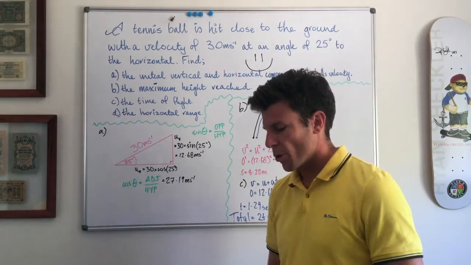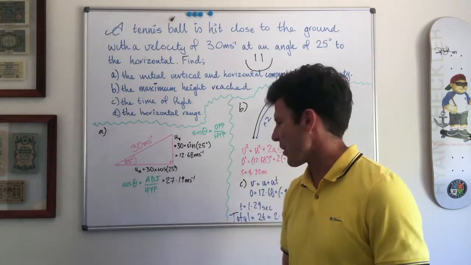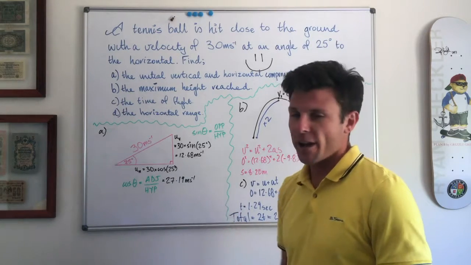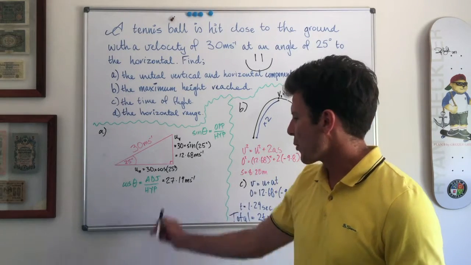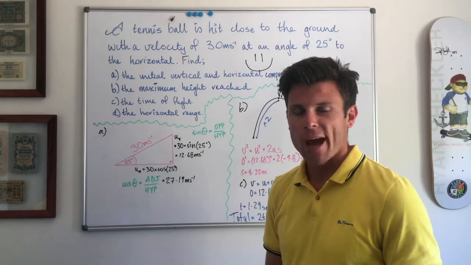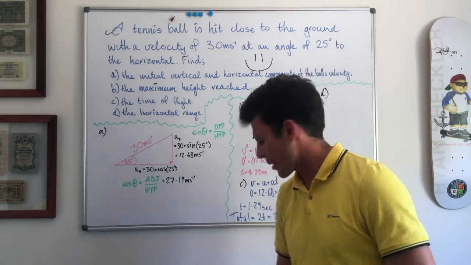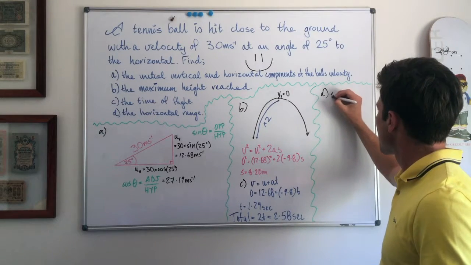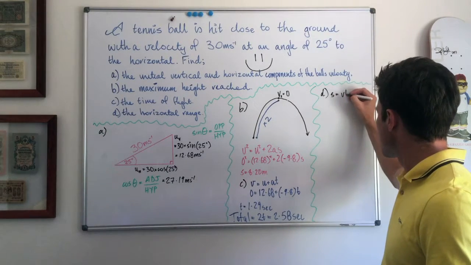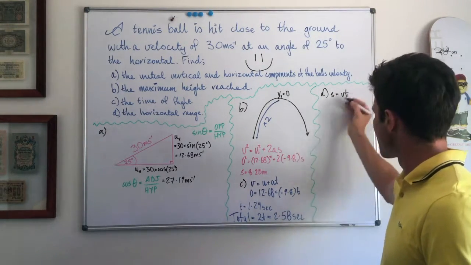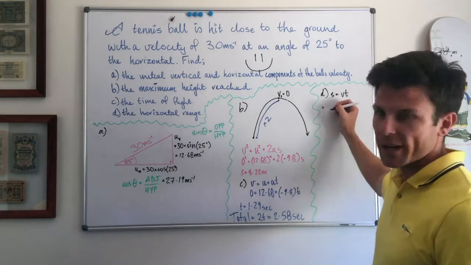Now what's helpful to us about that is that if we have the time of flight and we have a constant average velocity, then all we have to do is employ this formula, s equals vt, or average velocity times time, to get our range.